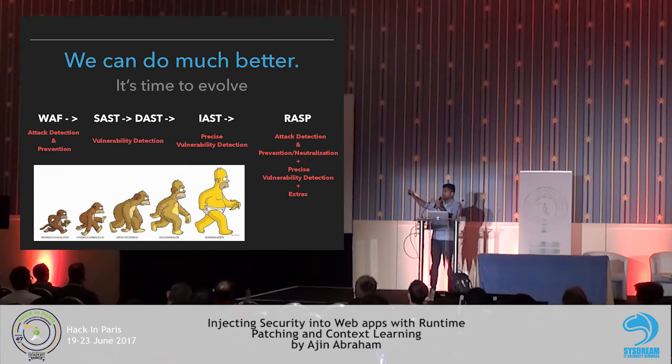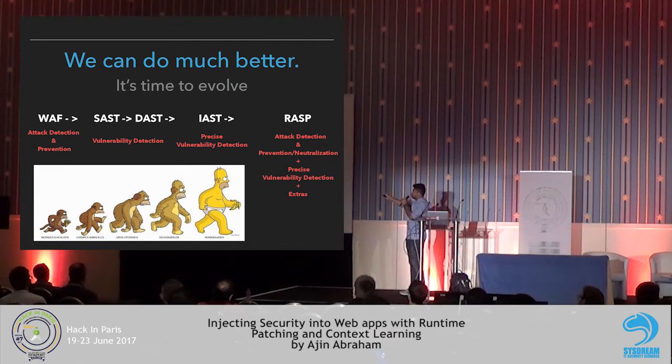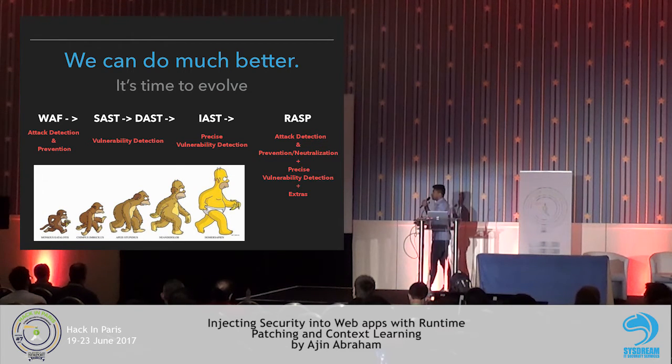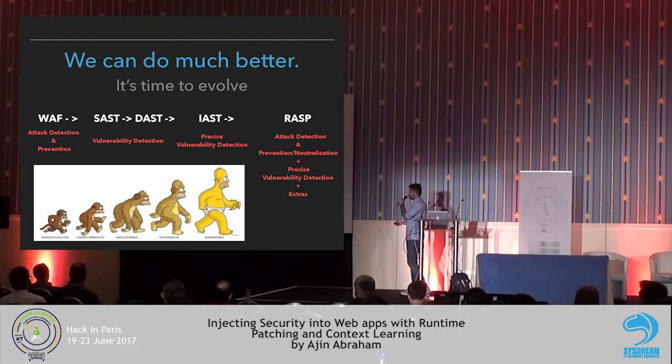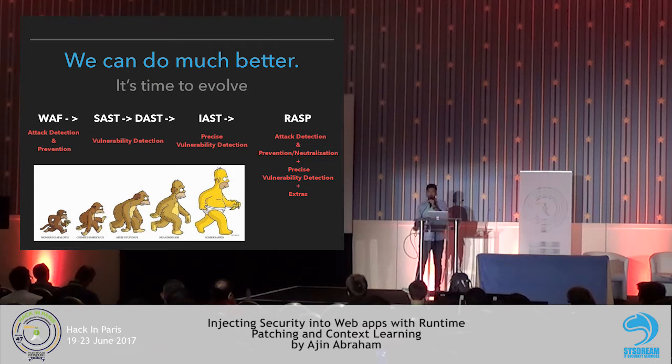OK, so let's take the evolution as this. We have WAF, which does attack detection and prevention. And then you have the SAST and DAST tools, your static and dynamic analyzers, which do vulnerability detection. Then the new breed, which is more related to RASP, called IAST, which gives you precise vulnerability detection and works more or less similar to a RASP.